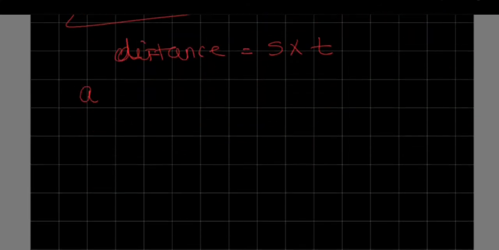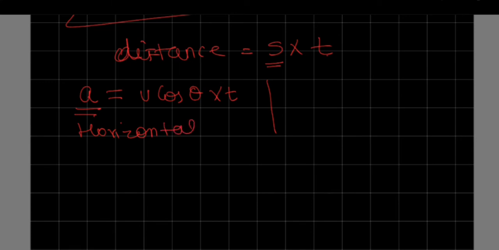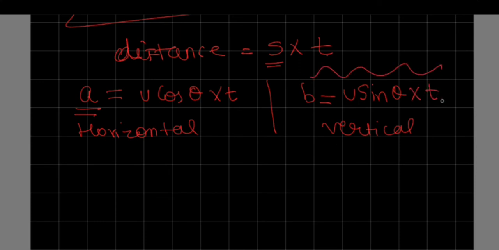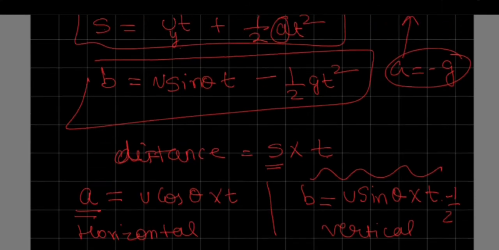So a would be speed into time: horizontal velocity u cos theta into t. Similarly, for vertical, the distance is b, the speed u sin theta and t. It is similar, however it would have this extra bit as well.